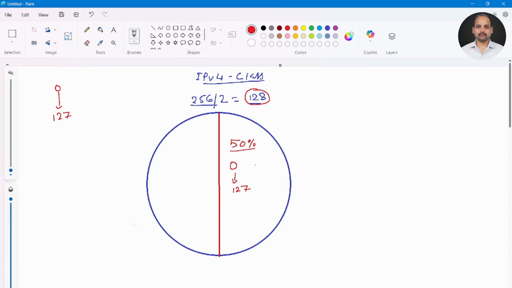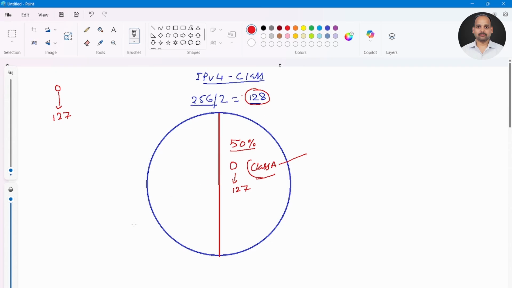This is called class A. I will tell you which range is valid and which is not, but this is the base of class A. Give me 2 minutes more.